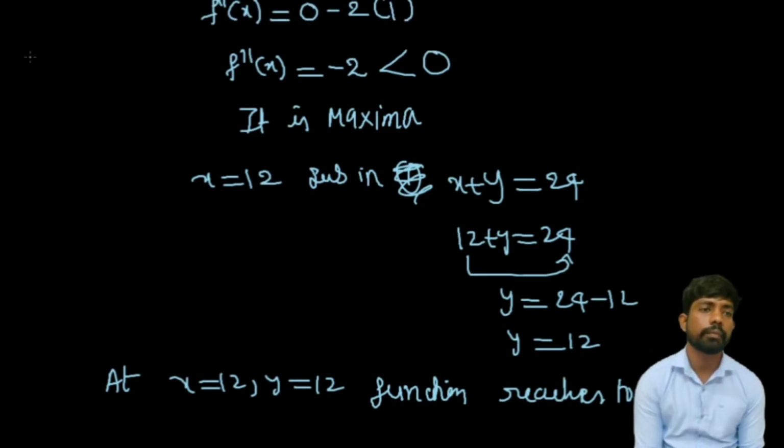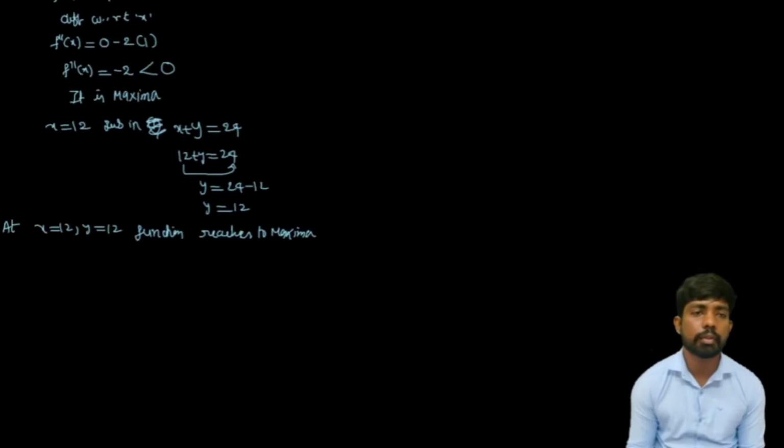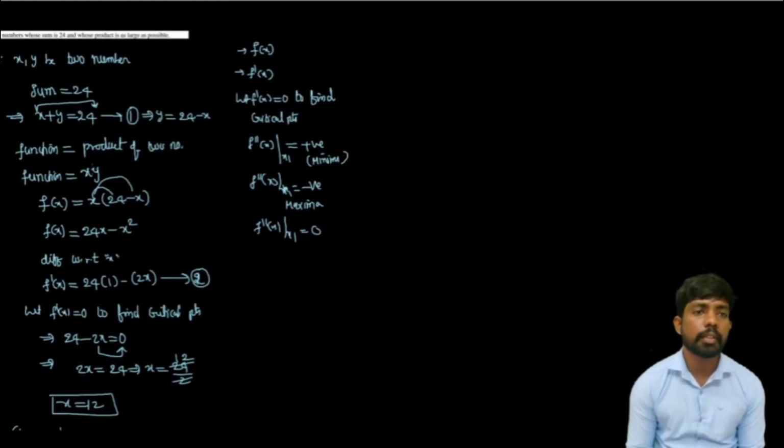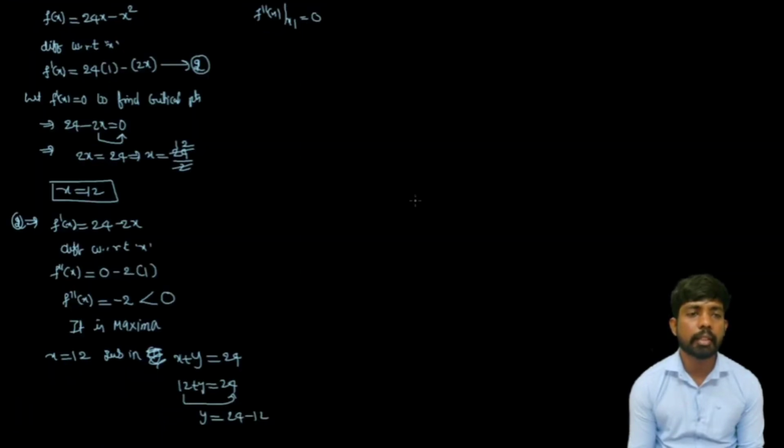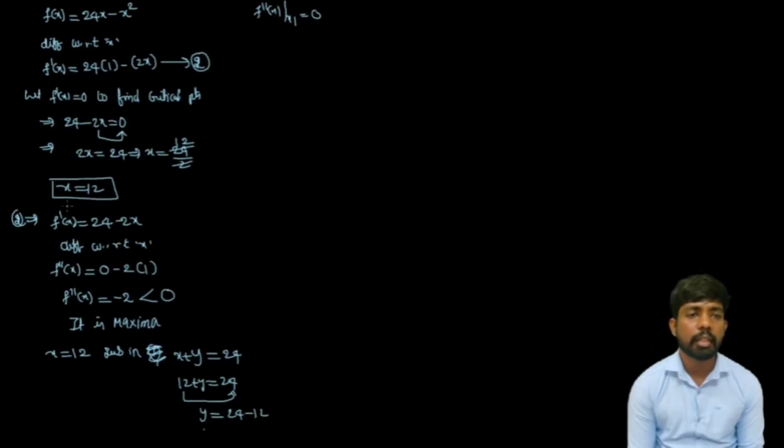Clear? This is the solution. First step is framing the function. We frame the function. Okay. Now, next, differentiate the function, make it equal to 0, finding the critical point. Next step is double differentiate the function and substitute the critical value in that.